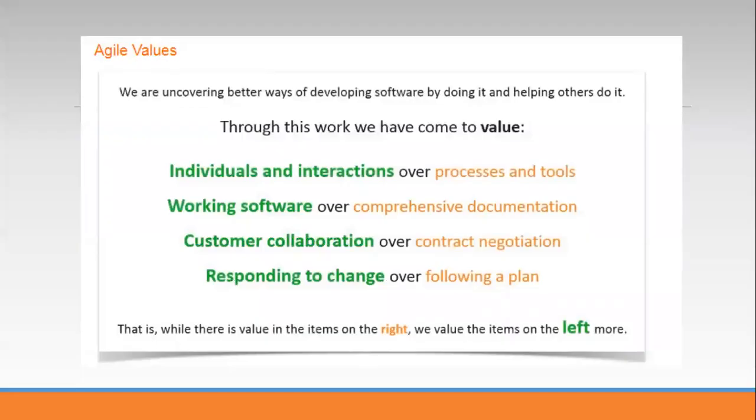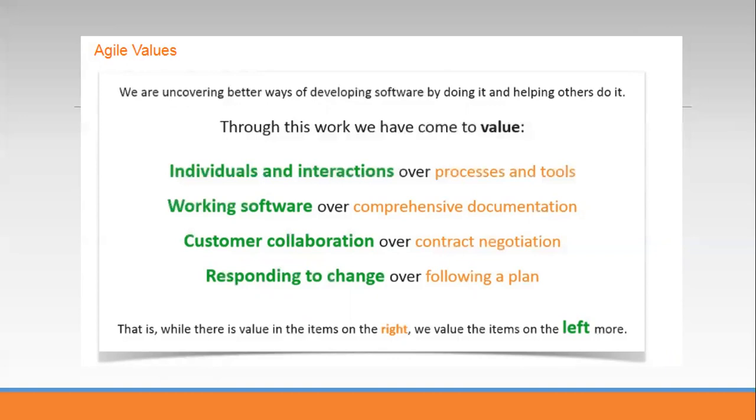So these are the Agile values, written in the Agile Manifesto, which talk about more of individual interaction, more of customer collaboration, working software, and responding to change. One thing you should keep in mind: the things on the left, written in green, are much more valuable, but the things in red are not unavailable.